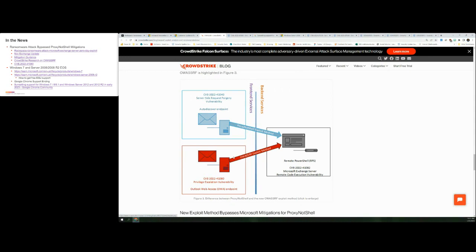We saw ProxyShell and the Hafnium attacks in 2021, both very sophisticated attacks that took advantage of a lot of that privileged service complexity within Exchange to exploit how Exchange worked. Now we saw ProxyNotShell and this OWA SSRF, that's a mouthful. Those two attacks, again, exploited a lot of the sophistication and complexity of this.